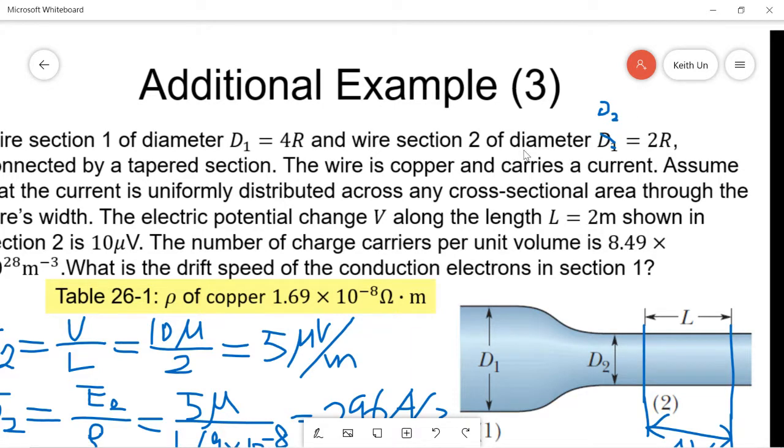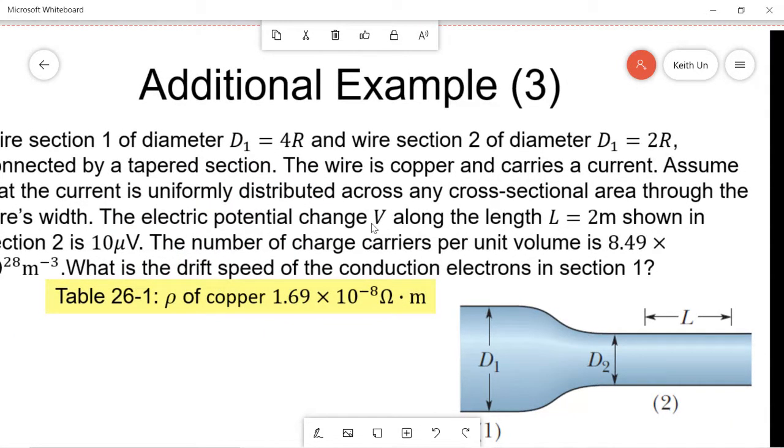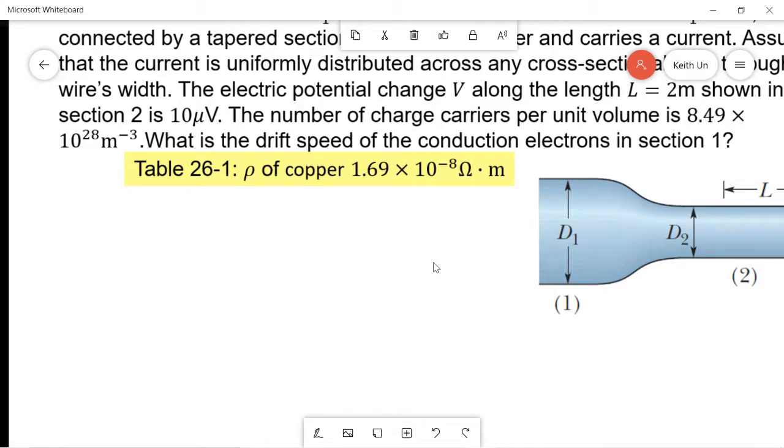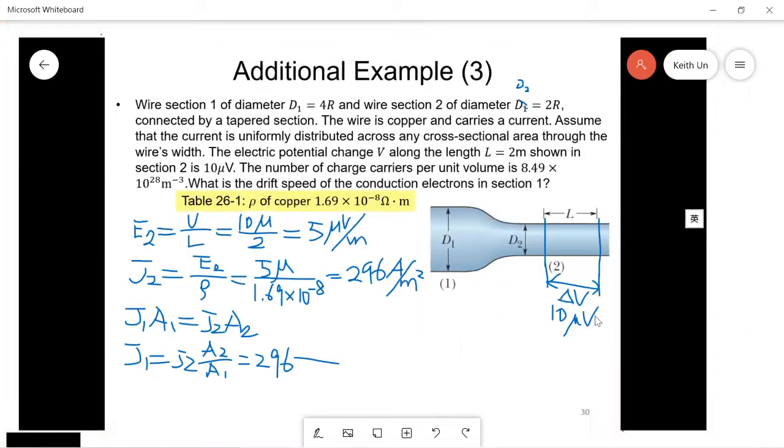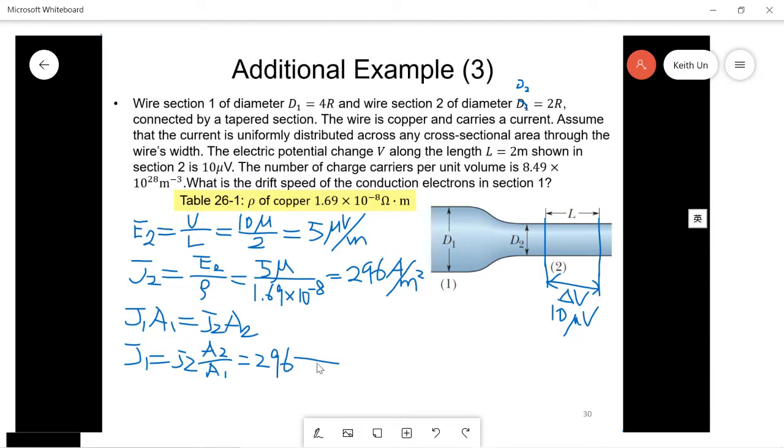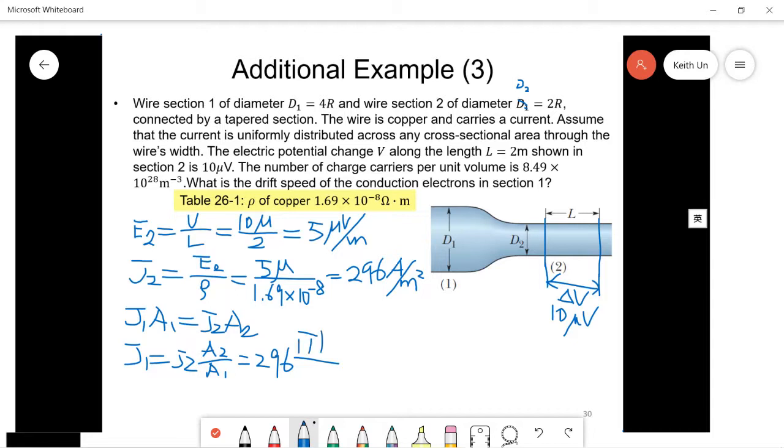the area. This is a diameter, so the radius is half of it. So the radius for section 2 is R. The radius for section 1 is 2R. So diameter, this is a trap if it appears in the exam or quiz. Oh, no. So here should be pi r squared.